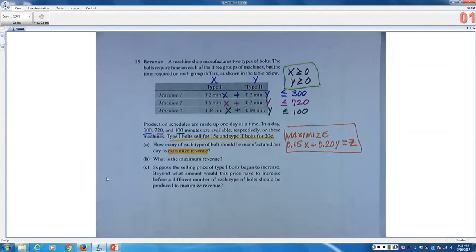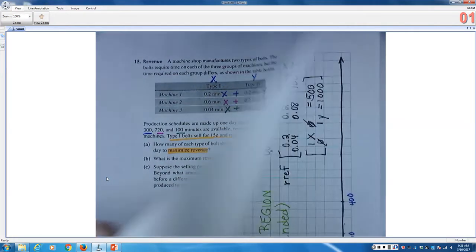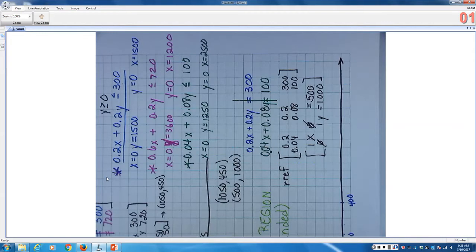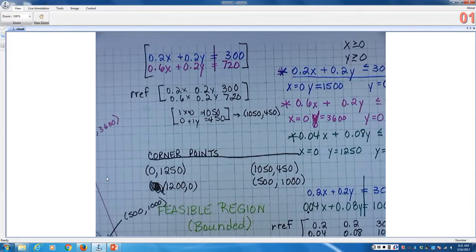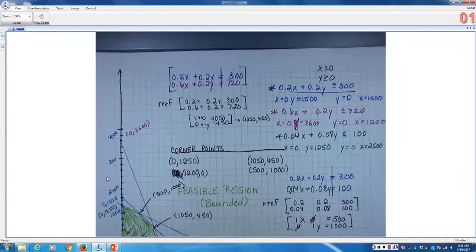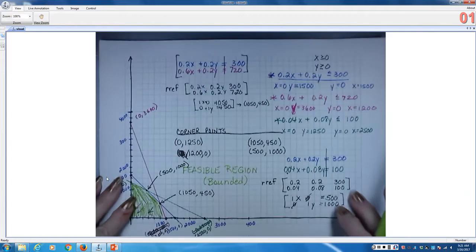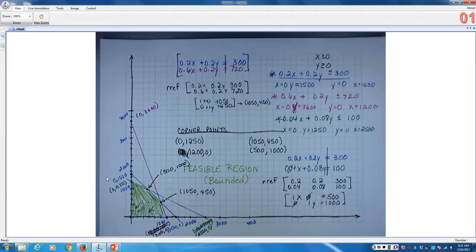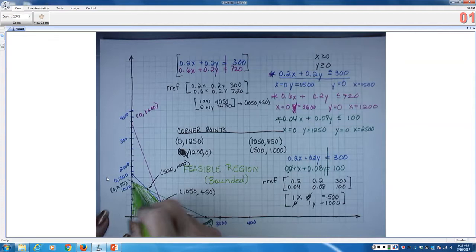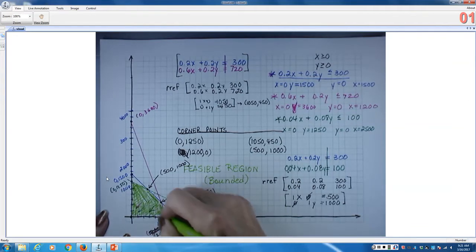So we graphed the set of inequalities. And we determined that the feasible region for that set of inequalities is this green region right here.